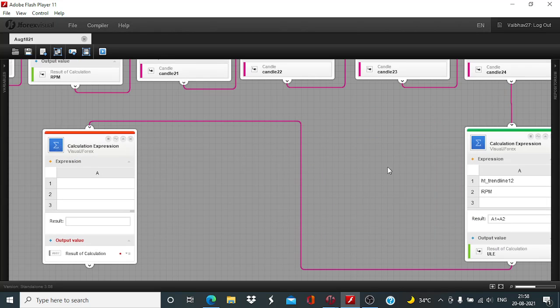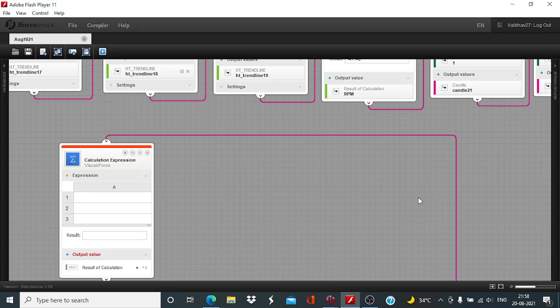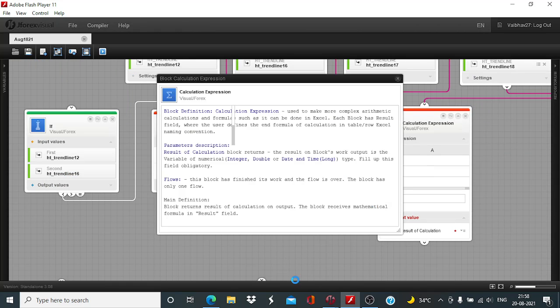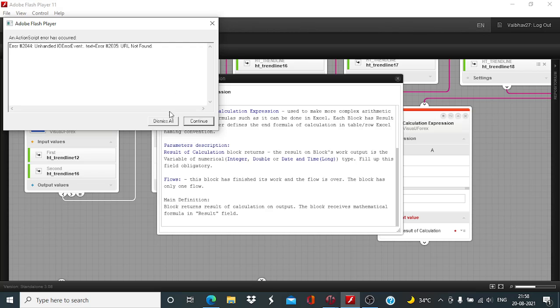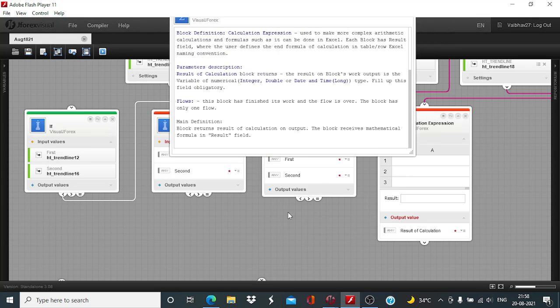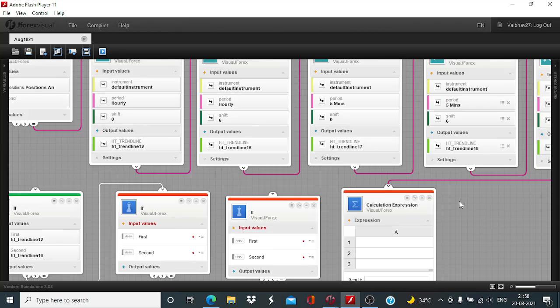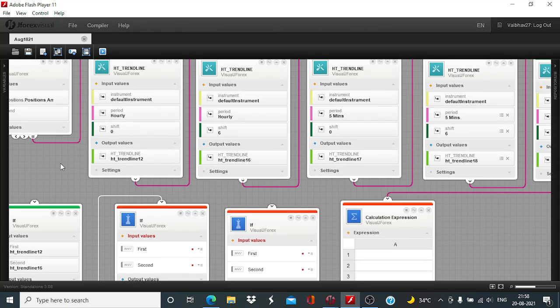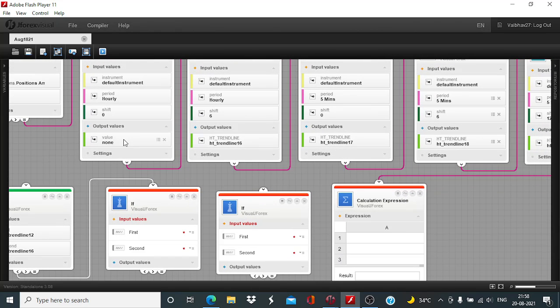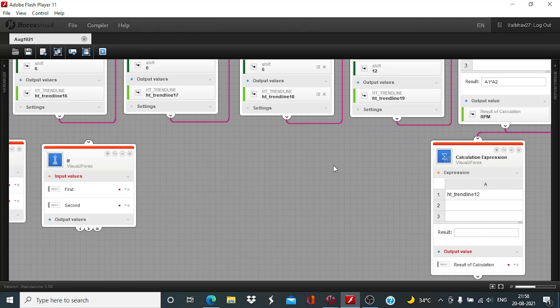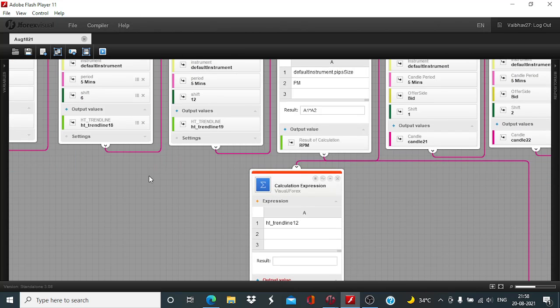So whatever is the current straight trend line output, we will deduct 10 pips. 10 pips we have defined here, RPM.